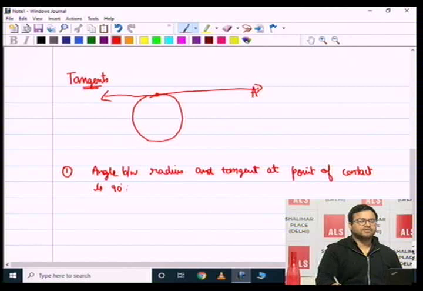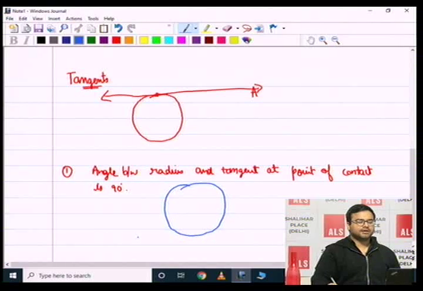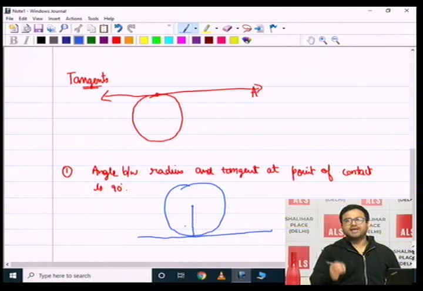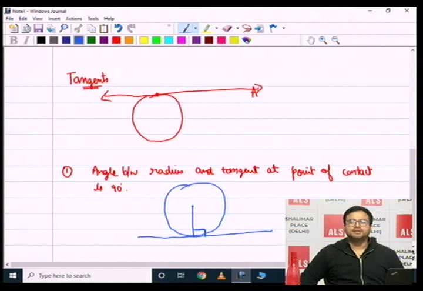This is the property which you have learned in the chapter on circles also. If we draw a circle and a tangent to it, then the tangent and radius make an angle of 90 degrees at the point of contact. Like this angle is 90 degrees. I hope all of you remember this property of the circle and tangent from chapter 10, I guess. All of you know this property?